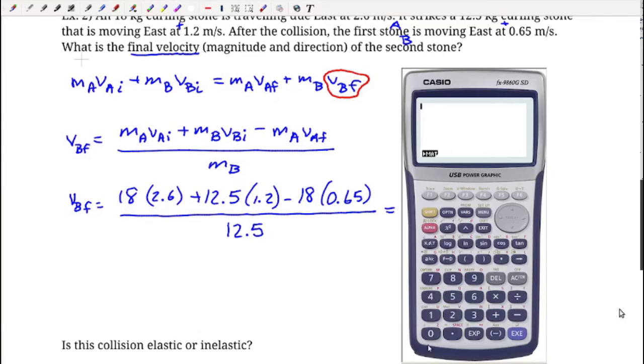I'm going to go 18 times 2.6 plus 12.5 times 1.2 minus 18 times 0.65, and all of that divided by 12.5 gives me a final velocity of 4.008. If I round that to 2 or 3 sig figs, I'm looking at 4.0 or 4.01 meters per second.